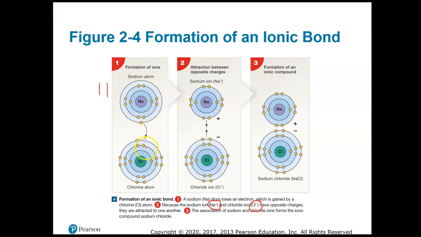So if sodium were to lose that, and that means it would take on a positive charge like it does here, if sodium were to lose that, it would actually lose that third shell as well because there would be no need for it, and it would have a filled second energy level or second electron shell because this second shell is filled with 8 electrons. So when it loses this 1 from the third electron shell, it takes on a positive charge, and it loses it so that it will have a filled or complete outer energy level.